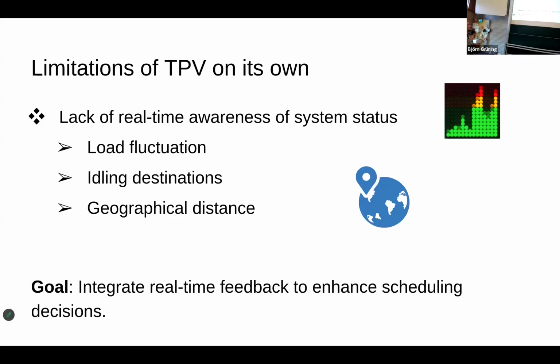So the current limitations of TPV by default are that it doesn't consider the load on all these different Pulsar endpoints. It doesn't account for idling jobs, and it also doesn't account for the distance from the Galaxy server to the destination.